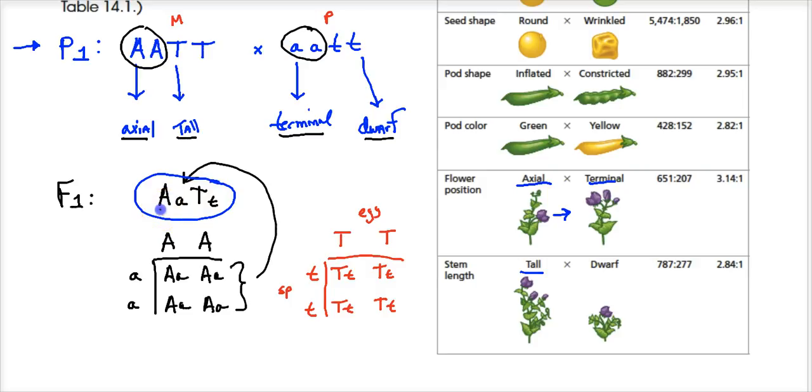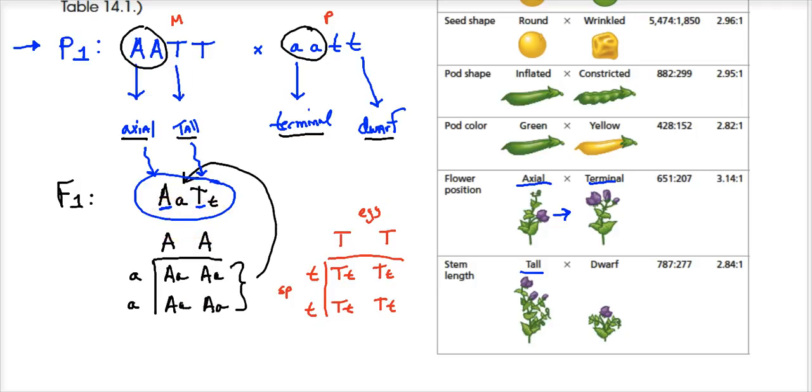Notice they'd be, in this case, carriers of the recessive allele, but because they're dominant genes and recessive genes, not co-dominant here, you would have the A, which is the axial phenotype being shown, and you would have the terminal, the tall stem plants phenotype being shown here because of the dominant allele.